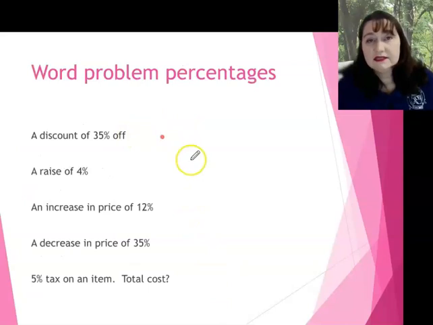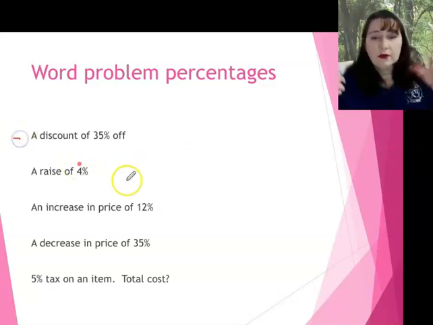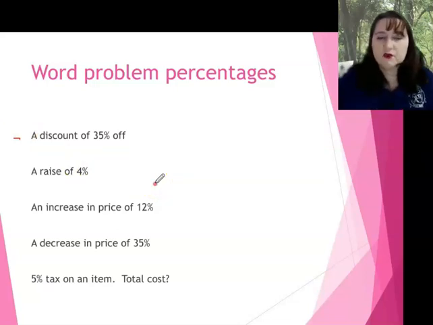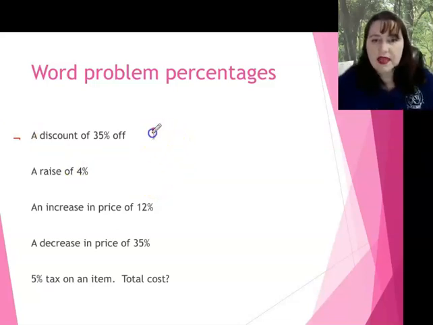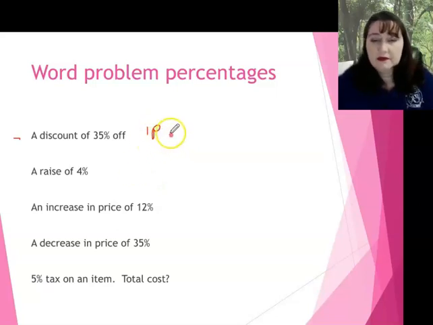Alrighty, here are some word problems in percents. Okay, so we want to make sure you understand how this works. So we're going to do the very first one. Maybe we'll do a couple of them. So if I have a discount of 35%, so I pay, you know, whatever I pay for this price, and I'm getting a 35% discount, which is basically 0.35p.